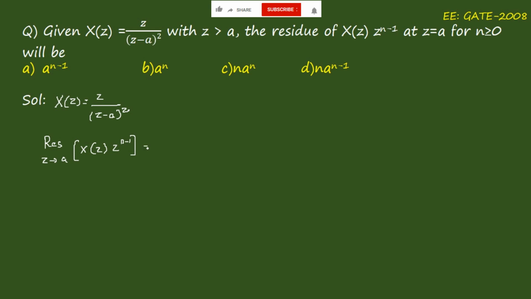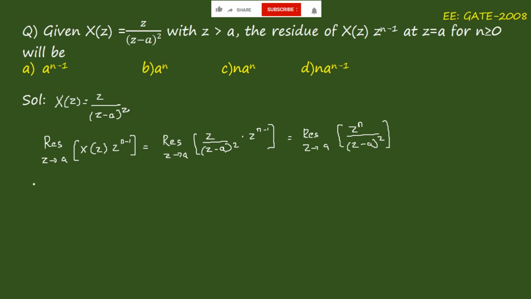Right. First rule is substituting it. Then we get residue z tends to a. We are substituting x of z. It becomes z by z minus a whole square into z power n minus 1, which is equal to residue z tends to a of z power n by z minus a whole square.